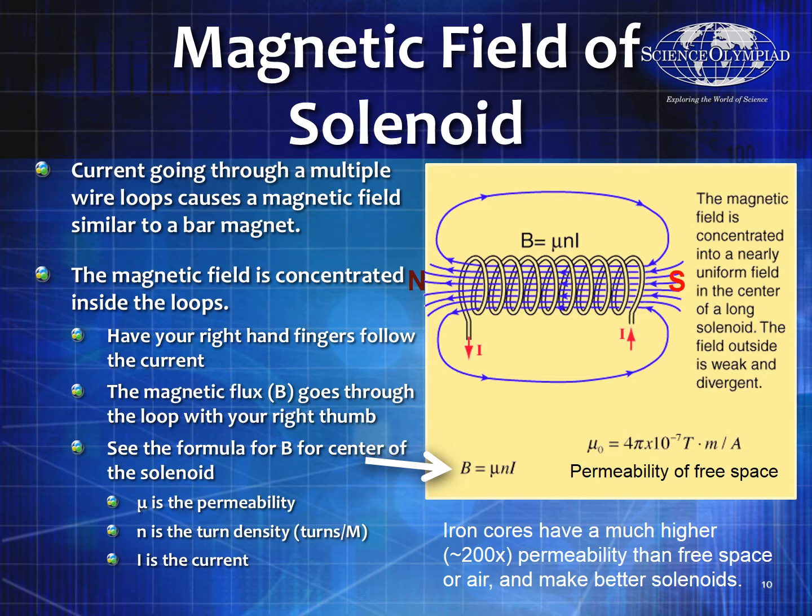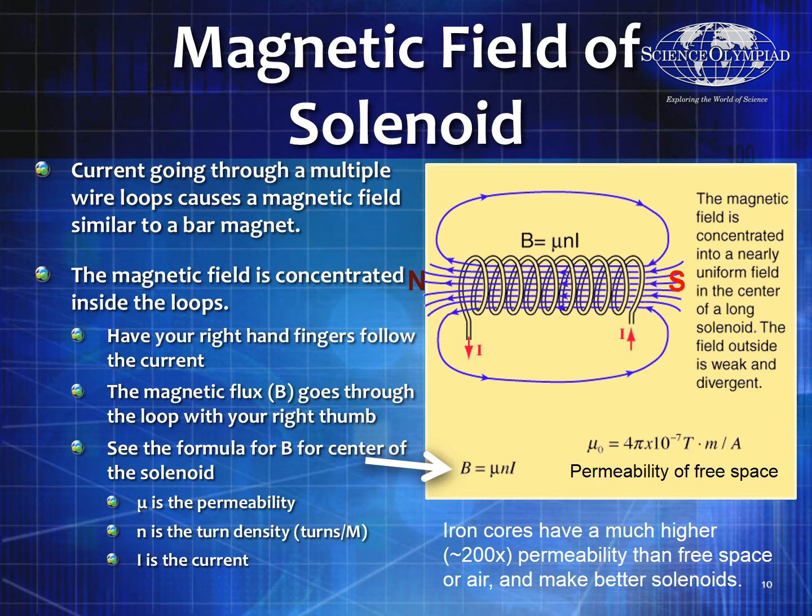The more turns I have, the more magnetic field I can create. If I have twice as many turns, I have twice as much magnetic flux. If I have 4 times as many turns, I have 4 times as much magnetic flux. If I have 100 turns, I have 100 times the magnetic flux.